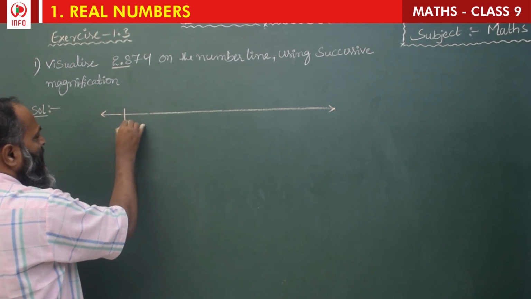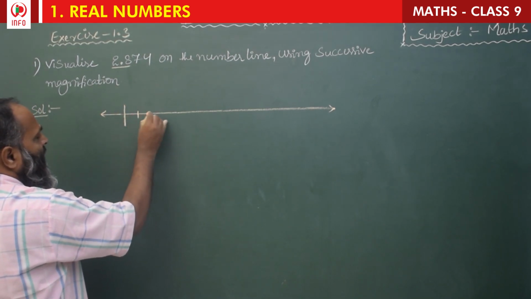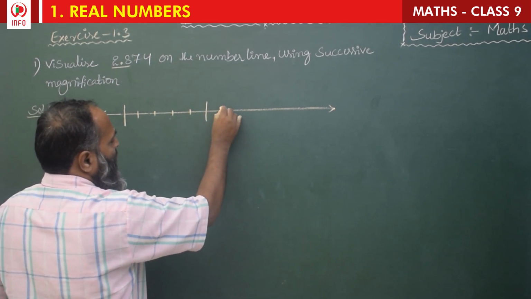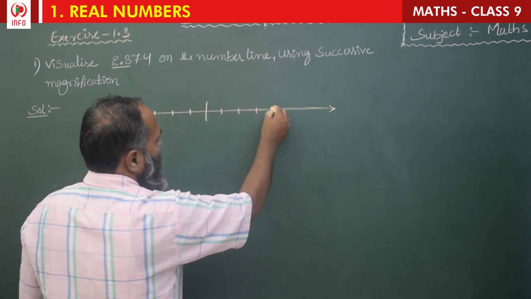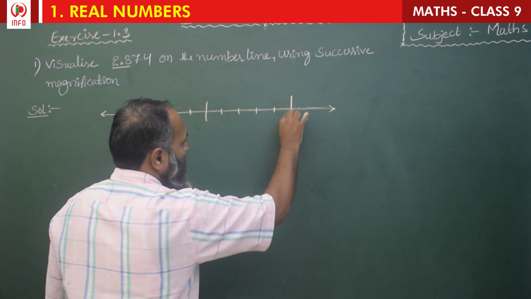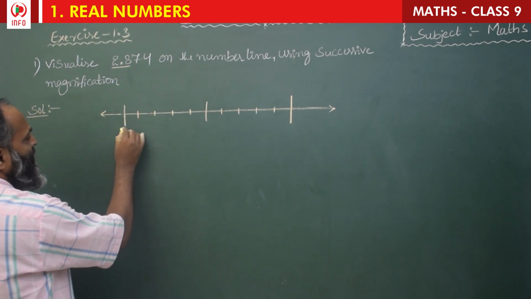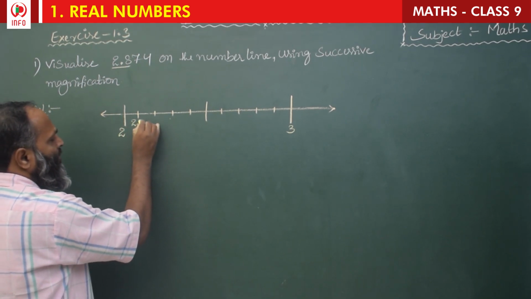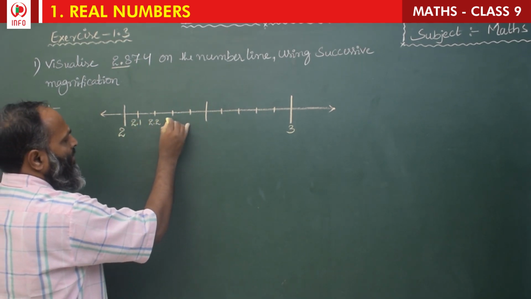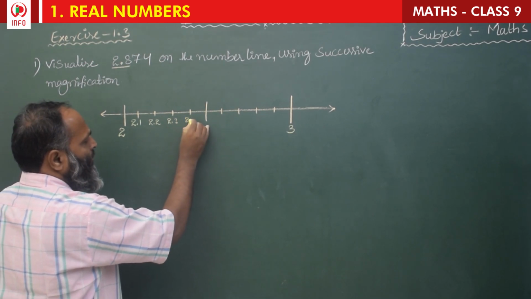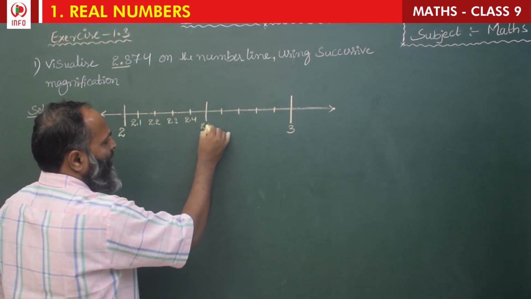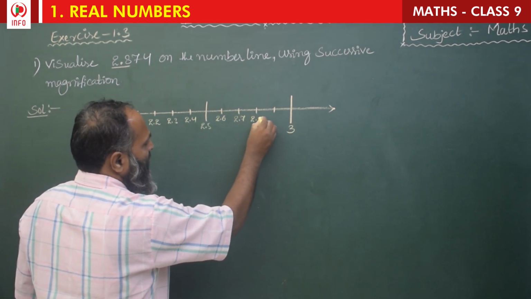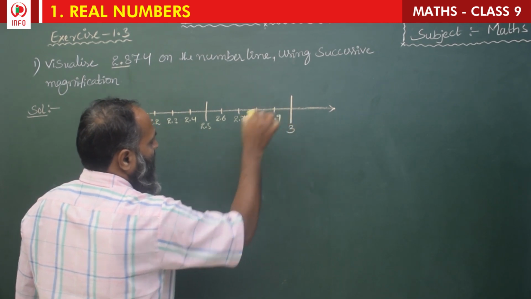Here we have 2, then 2.1, 2.2, 2.3, 2.4, 2.5, 2.6, 2.7, 2.8, 2.9, and 3.